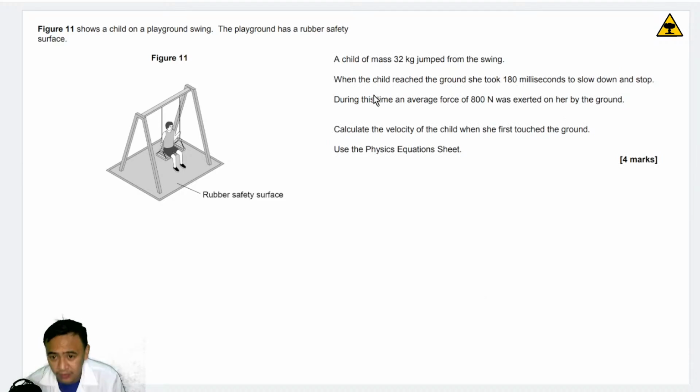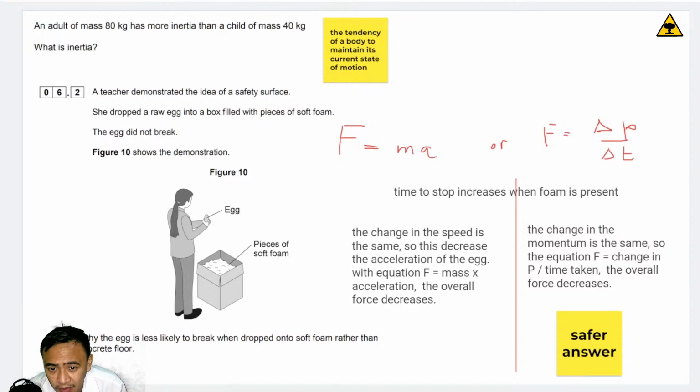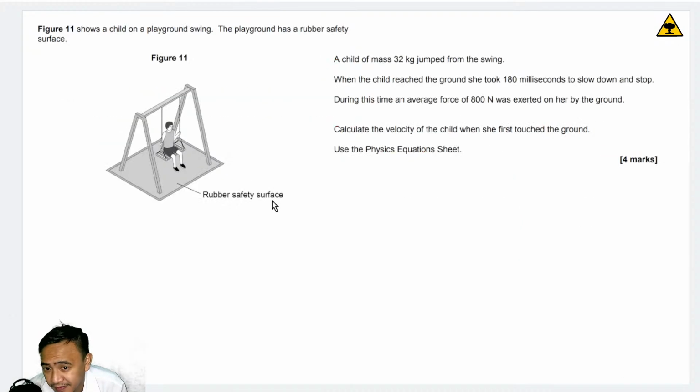Okay, so if you need help, you can always refer to the previous slide. Which equation would be the fastest one to use here? Because you're looking for the velocity, right?